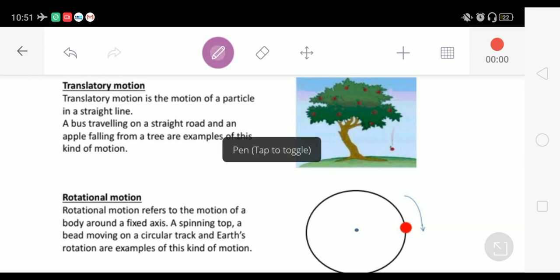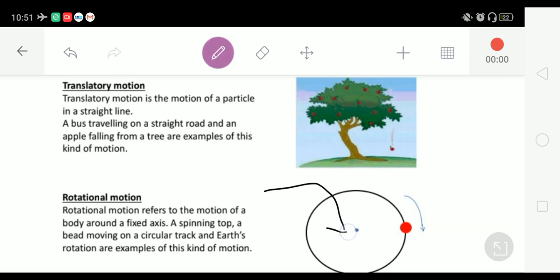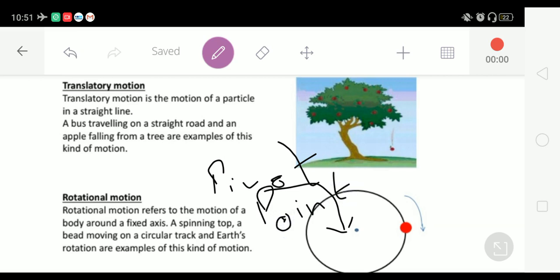This is known as the pivot point. This pivot point is fixed at the center, and the object is rotating around it. It is moving like this.